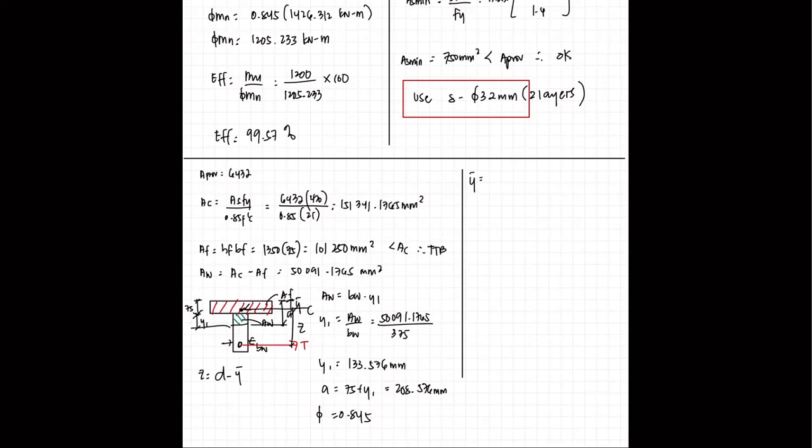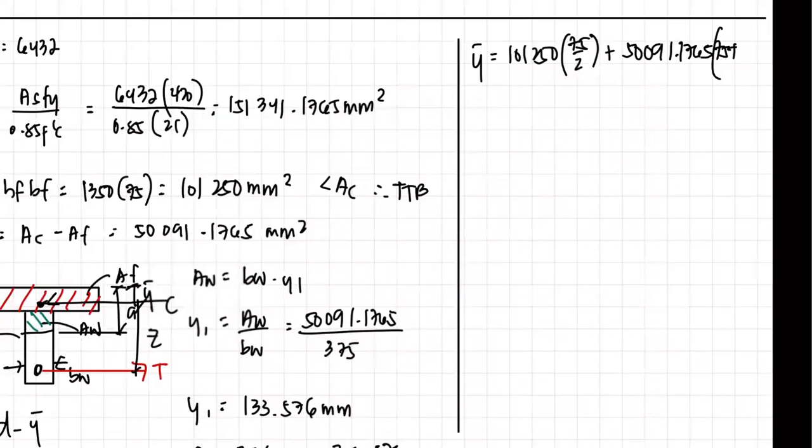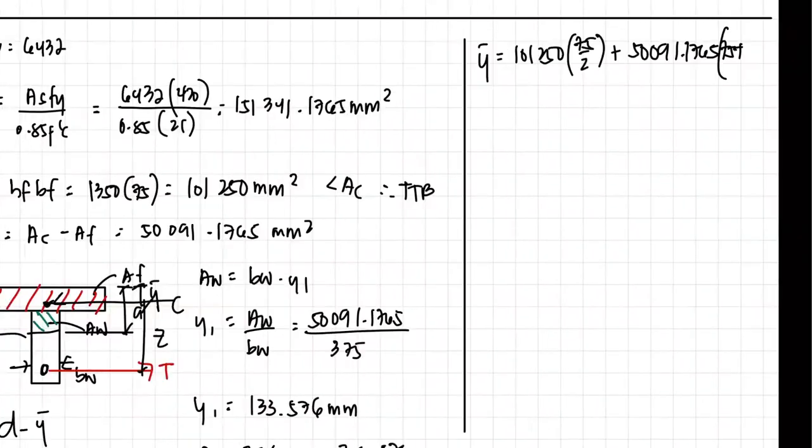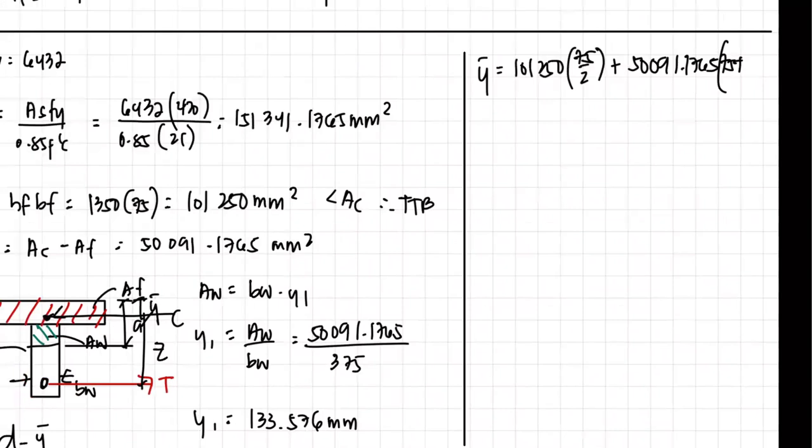So bar Y, siguro by moments tayo. Area nung flange which is 101,250 tapos yung distance ng centroid niya pataas at is 75 over 2, plus yung area ng web which is 50,091.1765 times yung distance, so that is 75 plus yung value ng Y1 over 2, times 75 plus 133.576 divide 2.